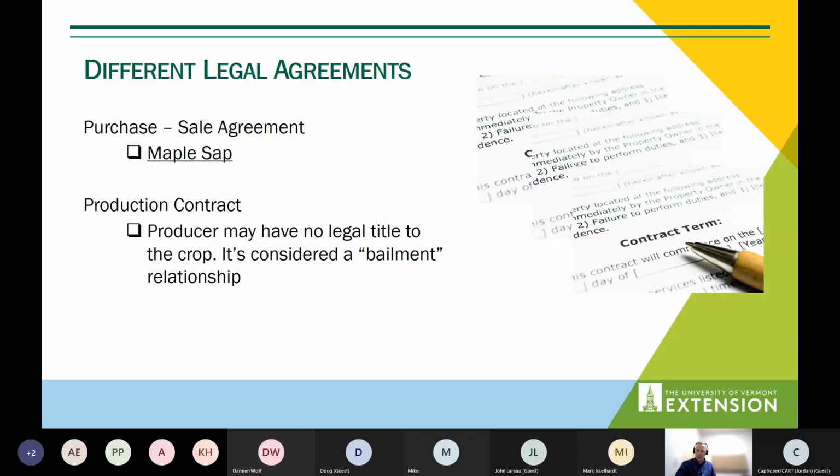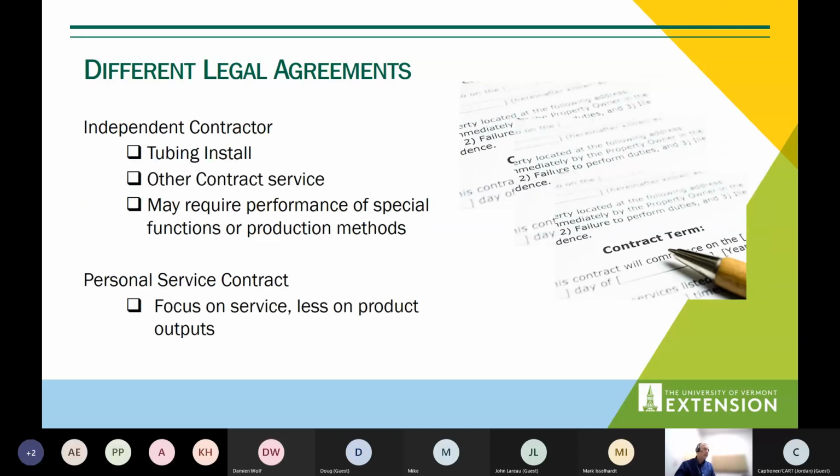So we've got a purchase and sale agreement separate from a production contract. A couple other here that may be on the fringes, but worth noting, the concept of an independent contractor. Well, I think we all hire independent contractors, whether they're formally set up in paperwork or not, could depend. But tubing installation is something we know is occurring quite readily around our industry.